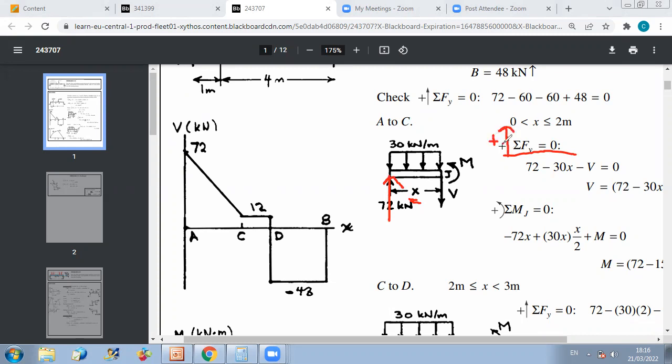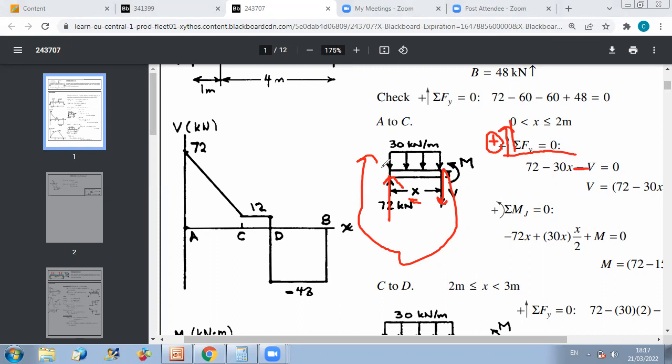So always put the convention you are taking near your formula. I have plus 72, and we know that shear is considered positive when it's rotating clockwise about the end of the beam. Since I kept the left part, V is considered positive downward. This is why I put V downward. And when I do sum of y equals 0, because my positive convention is up, I just put minus V.